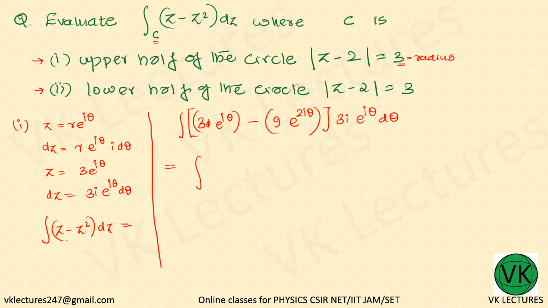So that's equal to 3 times 3, that is 9i e to the power i theta, 9i e to the power 2i theta d theta, minus this is 27 times e to the power 3i theta, here one more i is there.